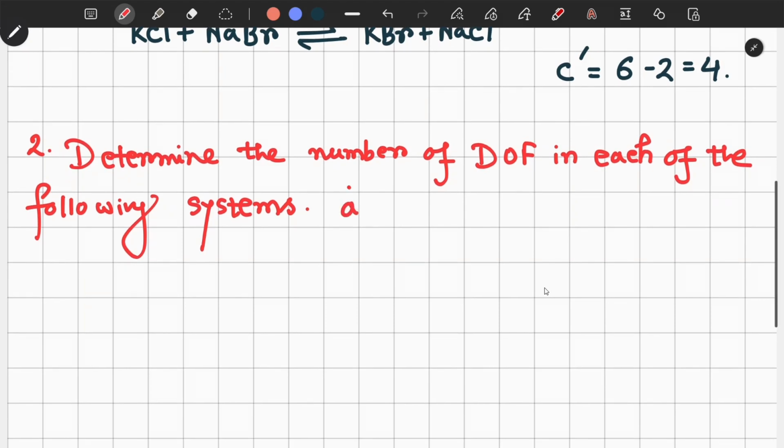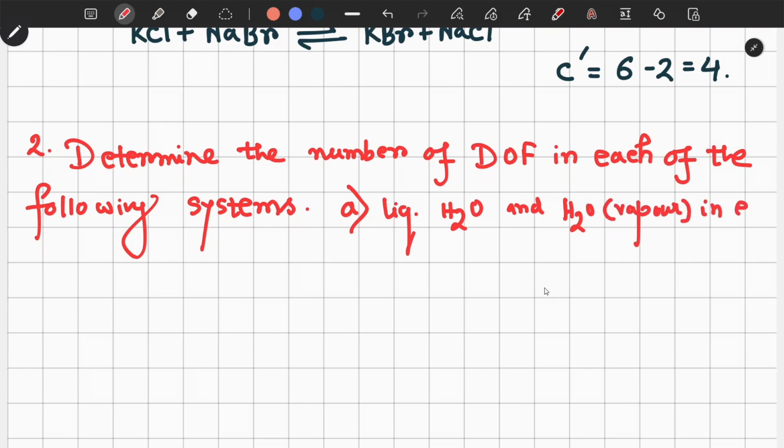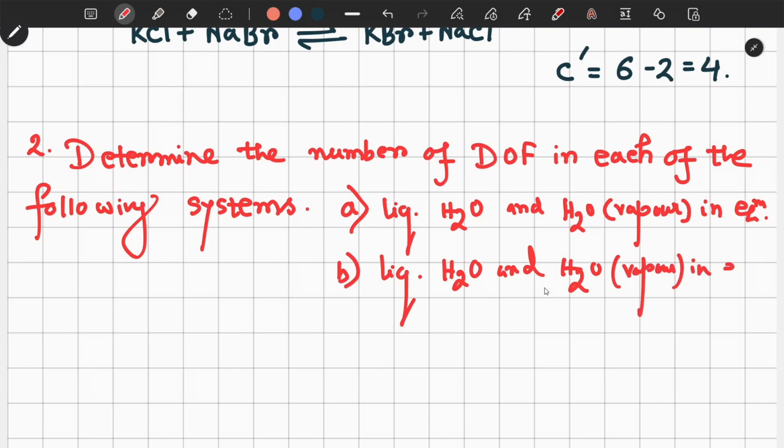First one, A, liquid water and water vapor in equilibrium. And second one is liquid water and water vapor in equilibrium at 1 atm pressure.